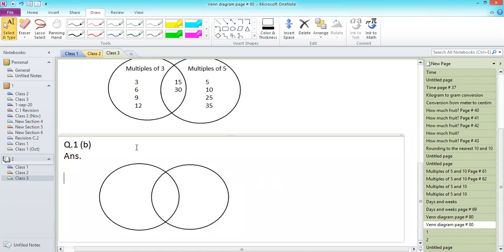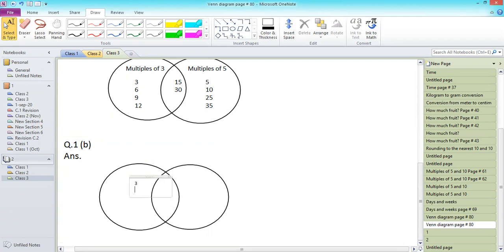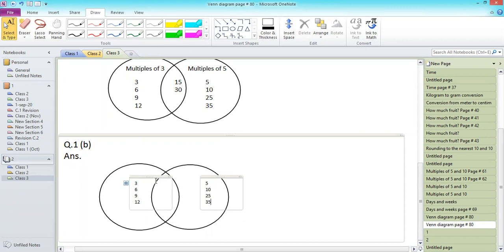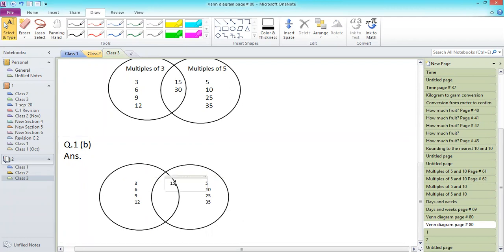Now I'm going to write the same numbers here: 3, 6, 9, 12. Here 5, 10, 25, 35. Here 15 and 30.